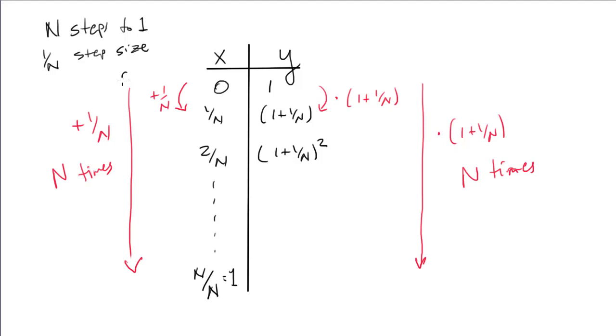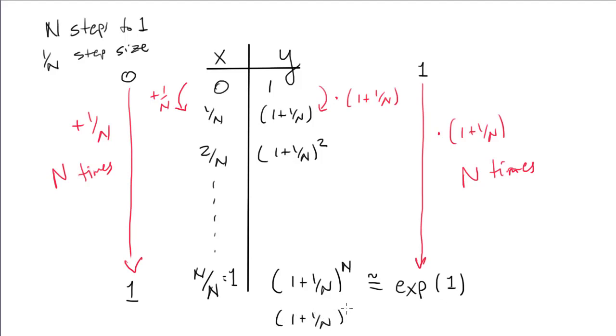Starting with x equals 0, I add 1. Starting with y equals 1, I multiply by 1 plus 1 over n to the n. So there's my approximation for the exponential function at 1. As n gets larger, 1 over n gets smaller. 1 over n is my h.